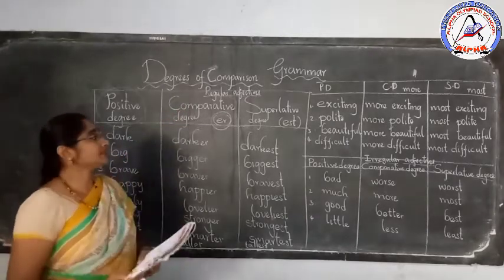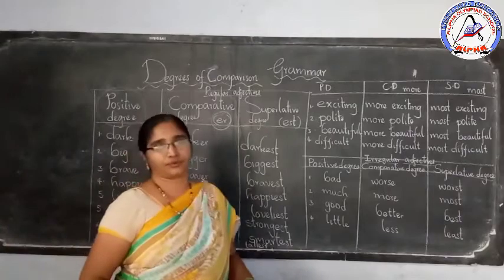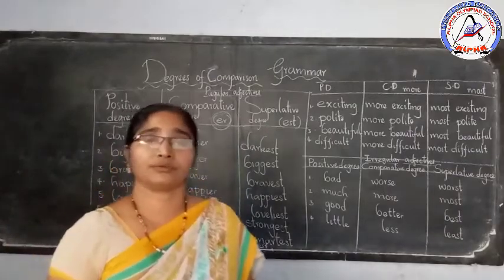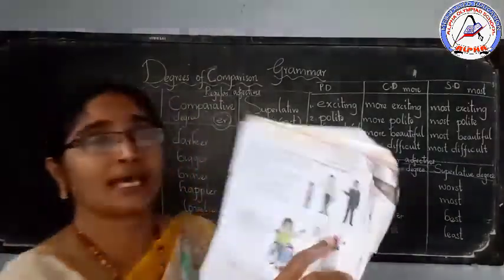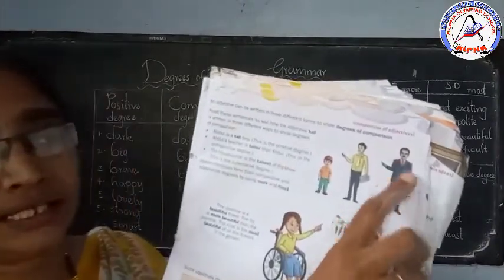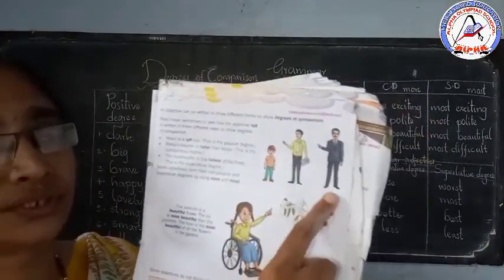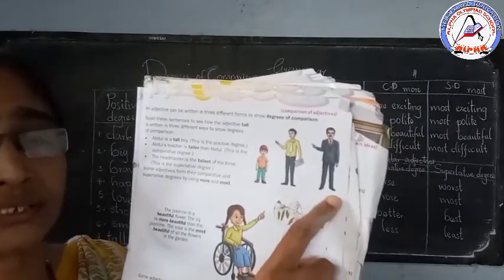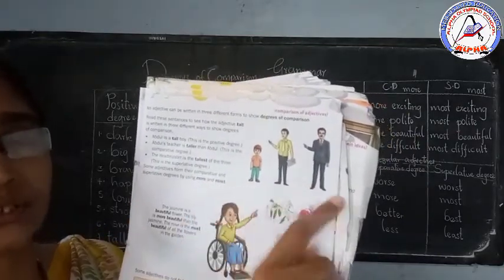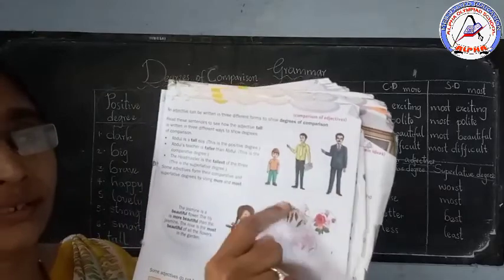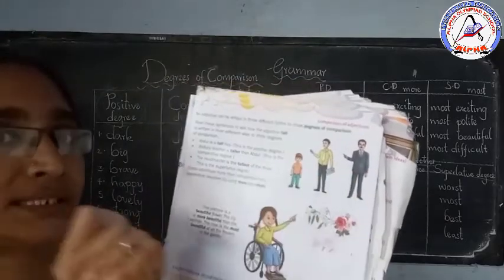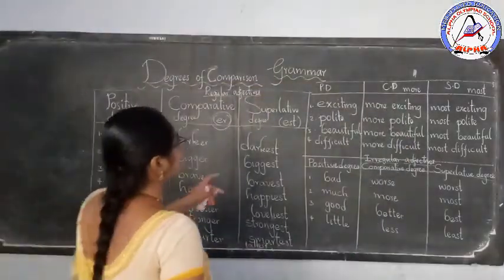Now let us see the next one. The next one is the superlative form. When will you use this? Have a look at this picture once again. He is the headmaster. Now compare and tell me, among these three people, who is tall? The headmaster is the tallest among these three. How do you say it? Headmaster is the tallest.